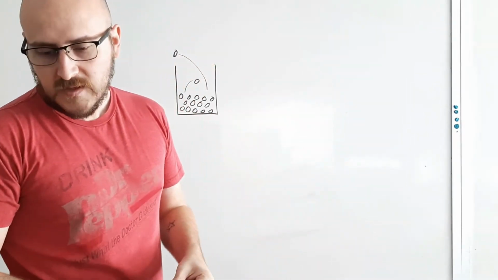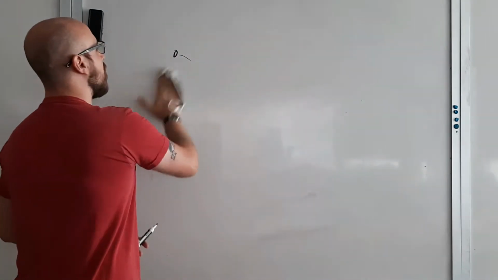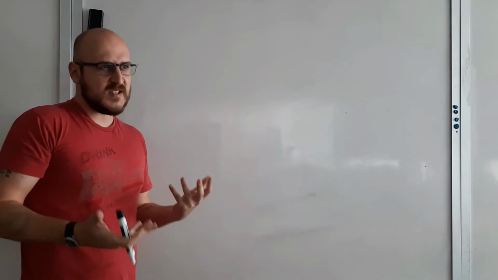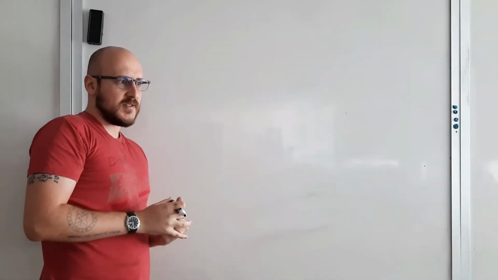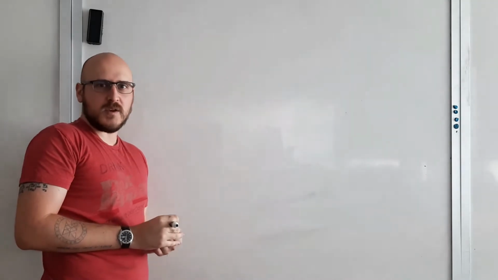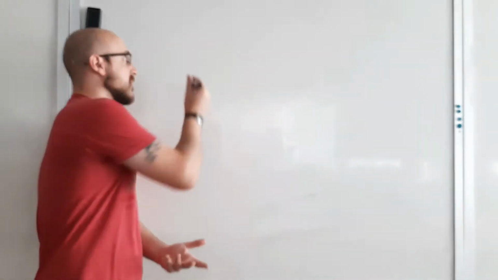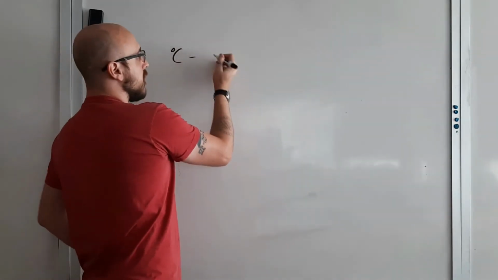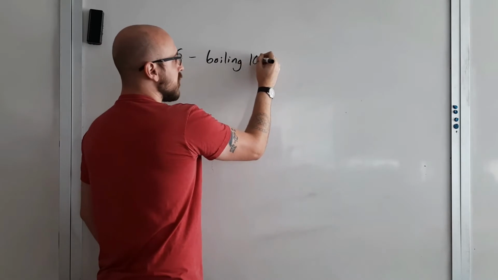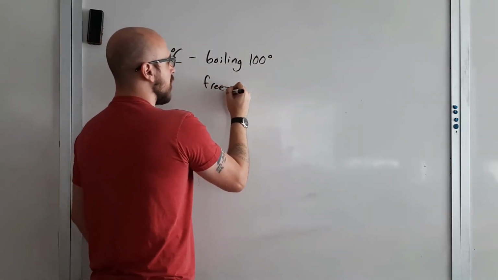Okay, so now when we're talking about temperature on that graph there, we did put it in Celsius. Okay, so Celsius, it's okay as a unit, right? It's really useful for chemistry because if you're looking at Celsius, you've got boiling at 100 degrees, and you've got freezing at 0.